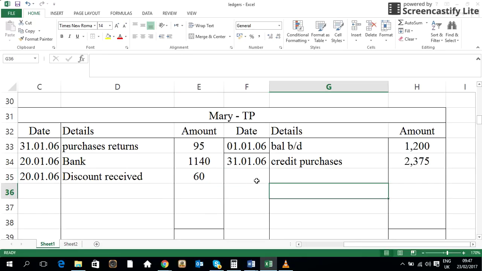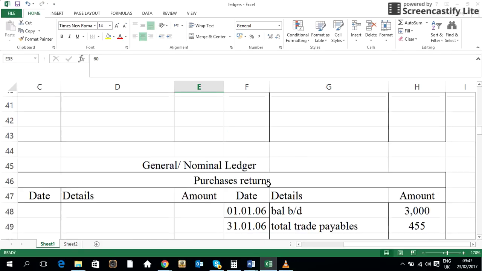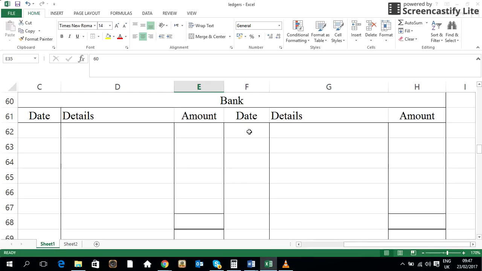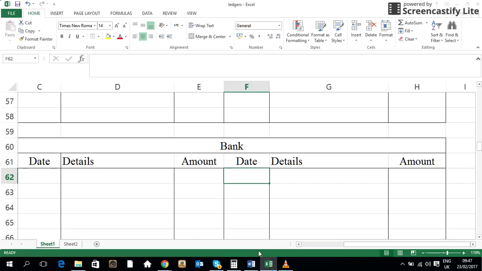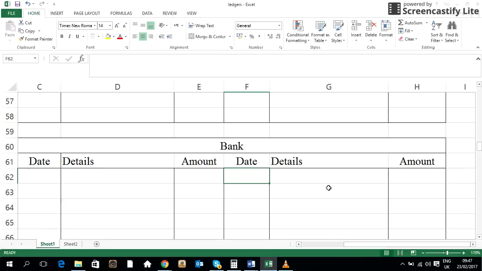Now you need to perform the double entry for this. You have to credit the bank by 1,140 and credit discount received by 60. So let's move into the general ledger. Under general ledger, bank. Move to the credit side of the bank, and you will credit the bank by 1,140.